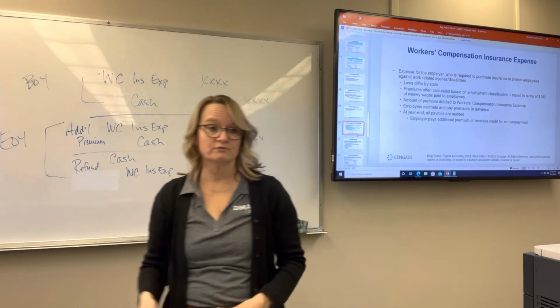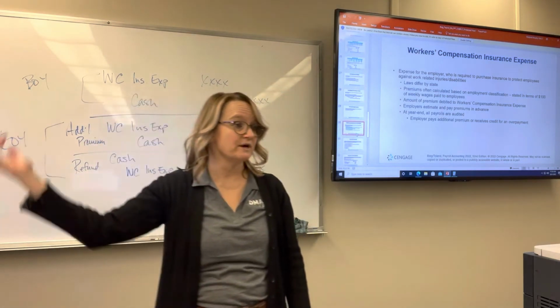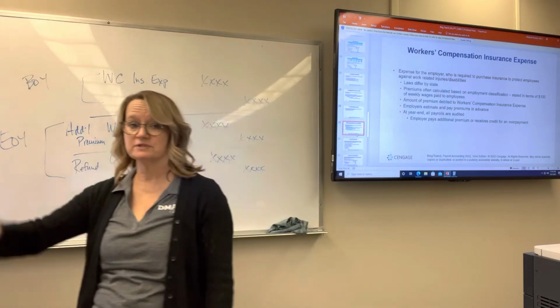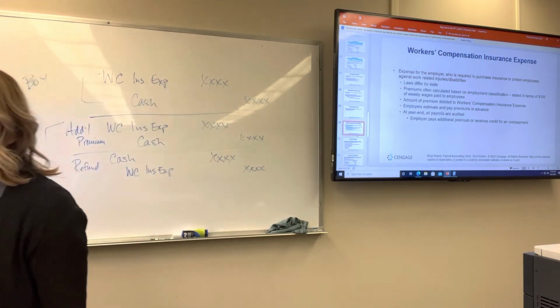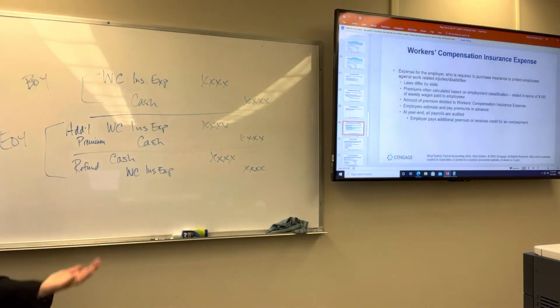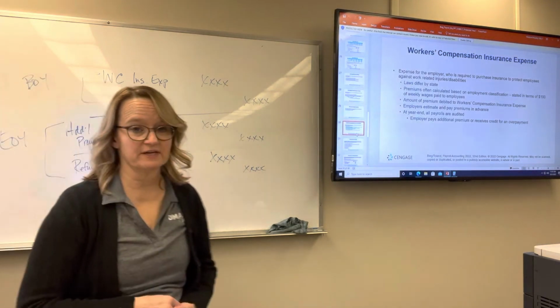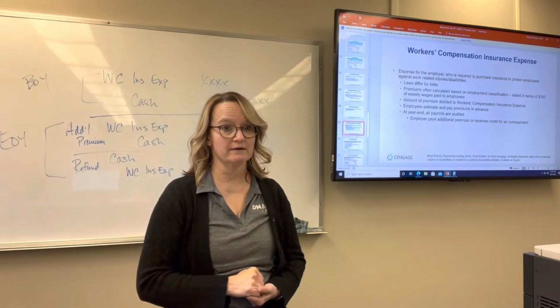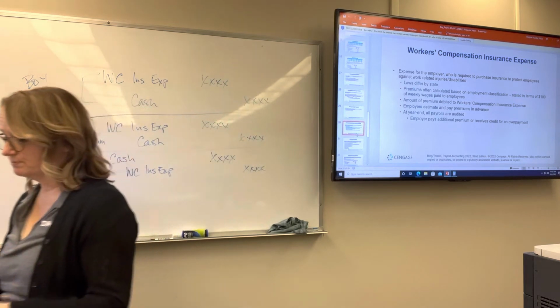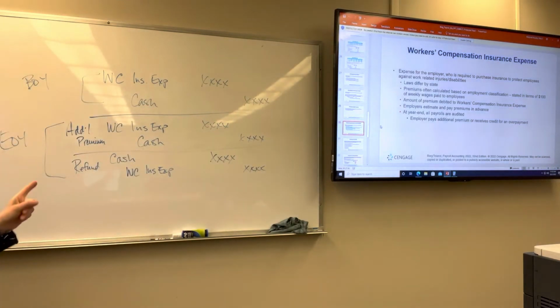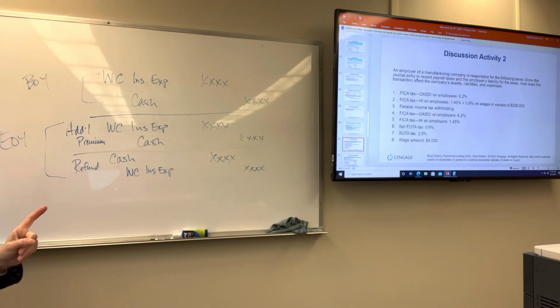Just like if your car insurance is through Progressive versus State Farm versus American Family, you may get a different rate. Same thing with the workers' compensation insurance. It can be very expensive for employers depending upon the classification of employees that they have. Again, higher risk means higher premium. Questions about that? No? Okay.